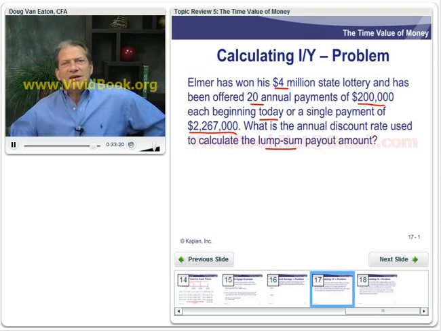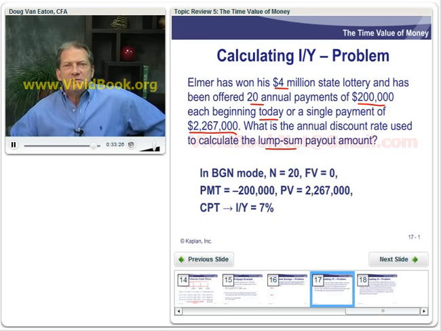Well, it's kind of an annuity due, so how are we going to handle that? Okay. Well, we can put this in begin mode and just say, well, there's 20 payments, future value is 0. We want the present value to be this. Or we could have these payments. What's the interest rate? If we compute the interest rate, it comes up to 7%.